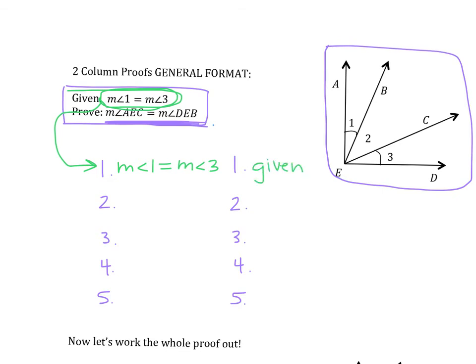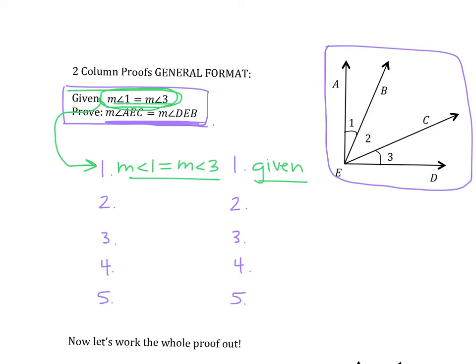That is one beautiful thing about proofs: you get a free point nearly every time because that first step is always given. Now, the book doesn't always follow that rule exactly. I always give you the given as your first step. The book most of the time does, but not always. So for every proof, that's going to be your first step and your first reason. Your first step is your given information. The reason for it is given.